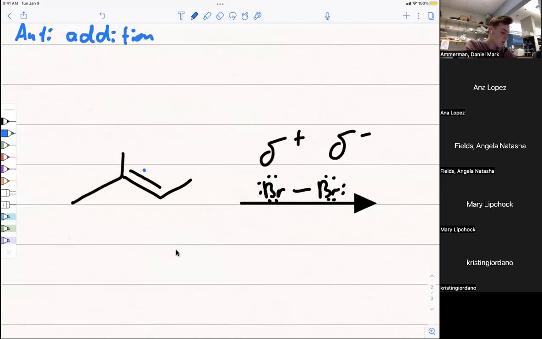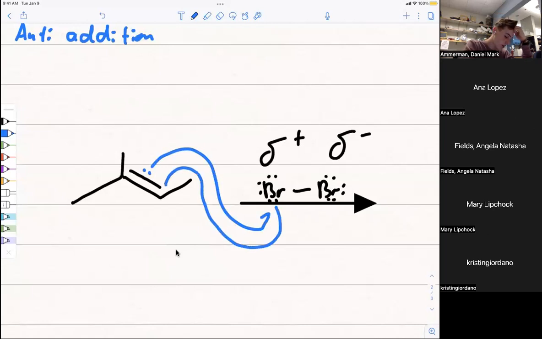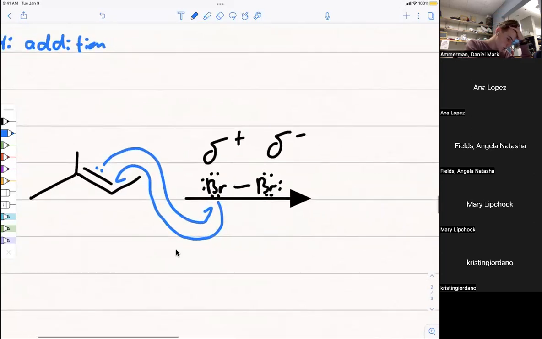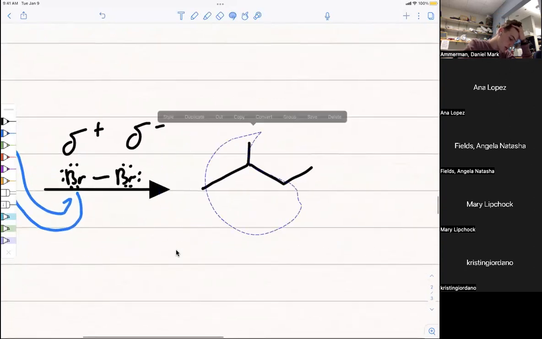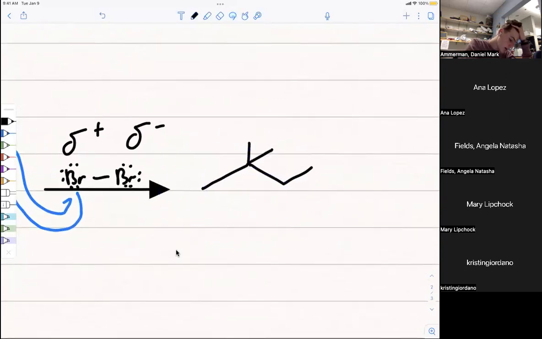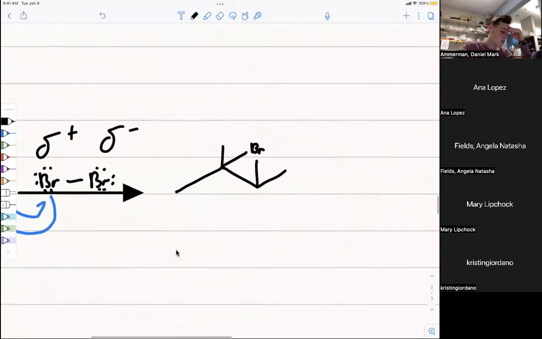So what happens is this comes in and we have addition on here, and then this one kind of goes back and we make that a 3-membered ring. So we have our same beginning structure, but now we also have this bromine coming off of it.